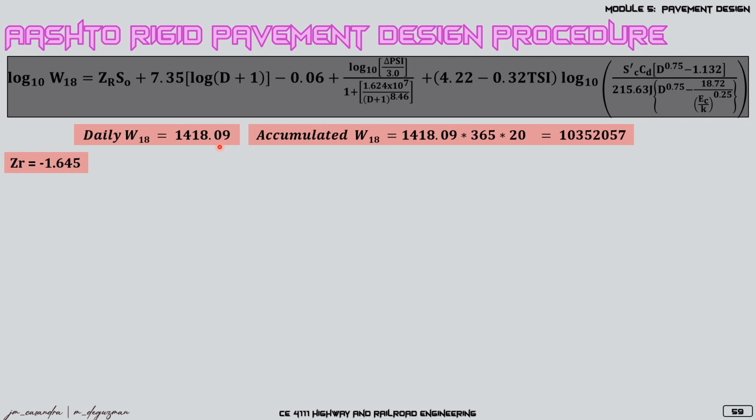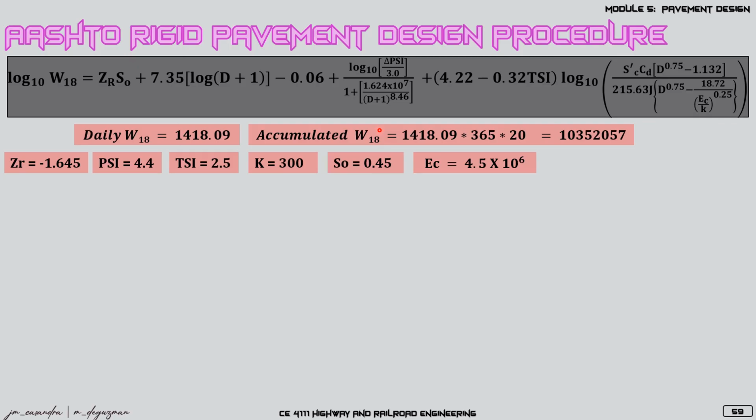So some of our givens will be unchanged. The only thing that will change is the W18. So ZR is still negative 1.645, PSI still 4.4, TSI is 2.5, K300, standard deviation 0.45, EC is 4.5 times 10 raised to 6, S sub C is 900, J is 3.2, and CD is 1.